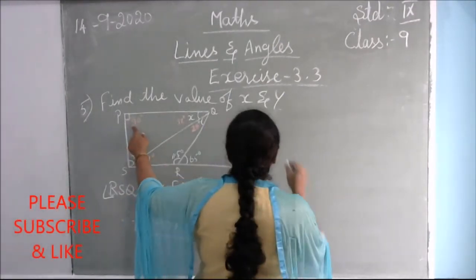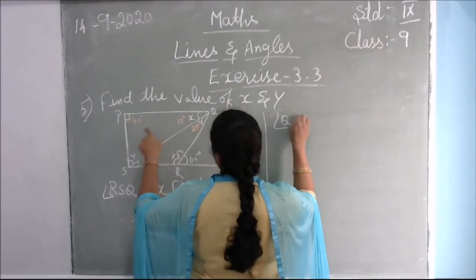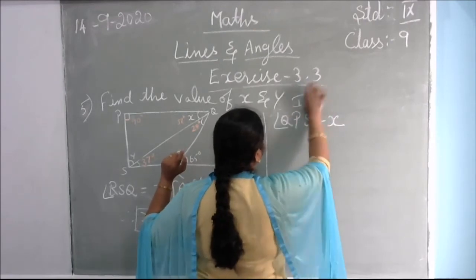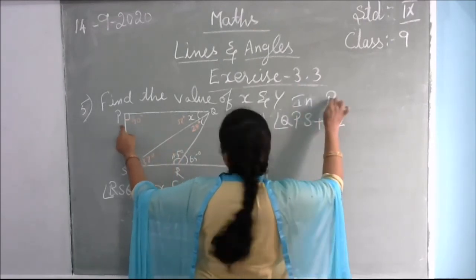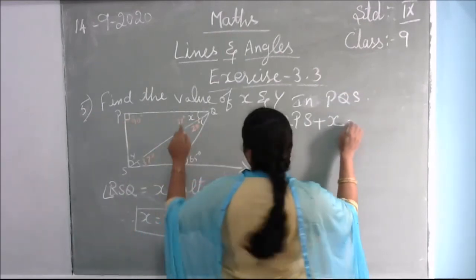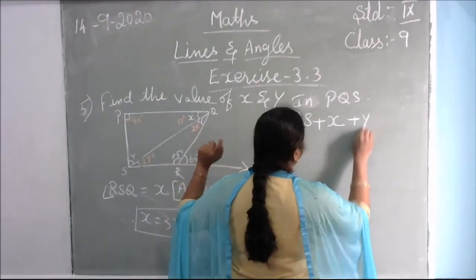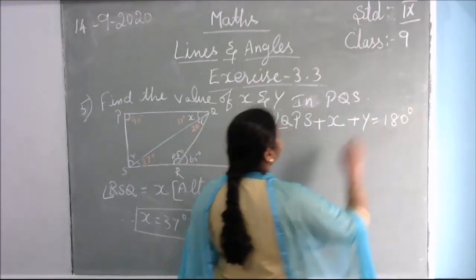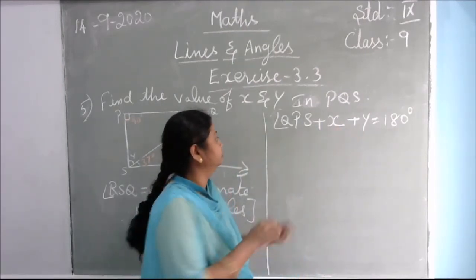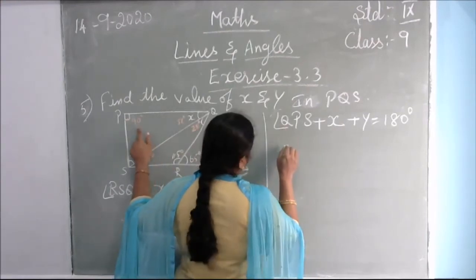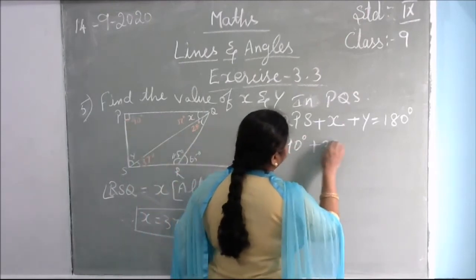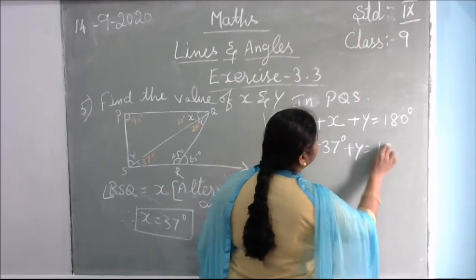Okay. So in triangle PQS, angle QPS plus X, this angle, plus Y is equal to 180 degrees. I didn't write the angle here, I wrote the X and Y here. So this one, P angle is 90 degrees plus 37 degrees plus Y equal to 180 degrees.